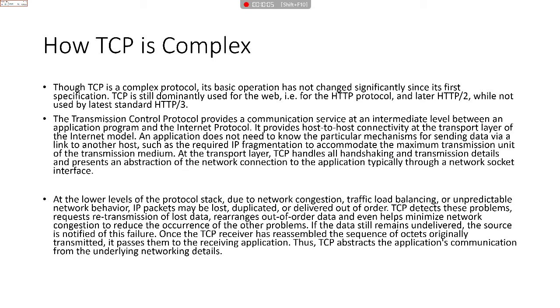An application does not need to know the particular mechanism for sending data via a link to another host, such as the required IP fragmentation to accommodate the maximum transmission unit of the transmission medium. The transport layer TCP handles the handshaking and transmission details and presents an abstraction of the network connection to the application, typically through a network sockets interface.